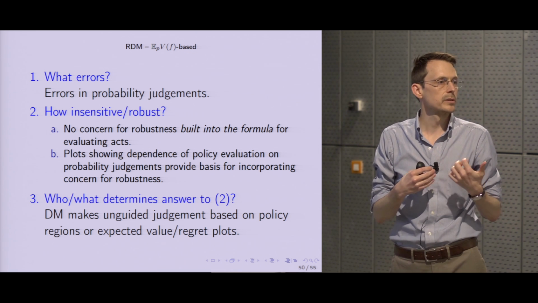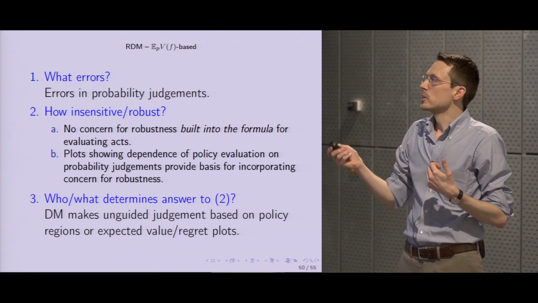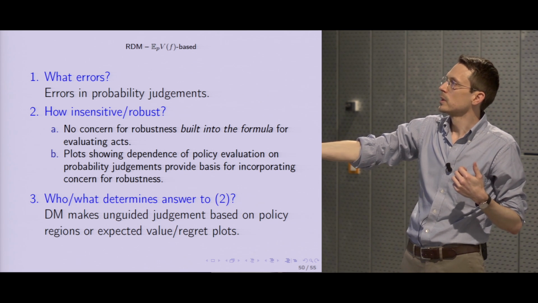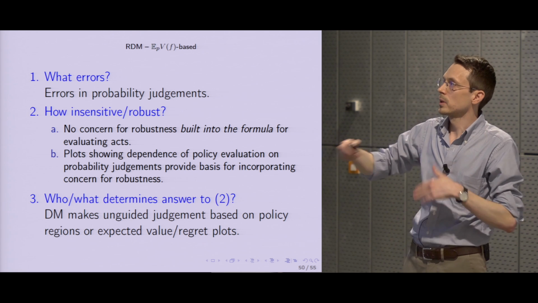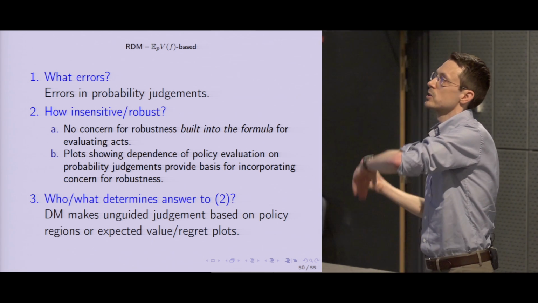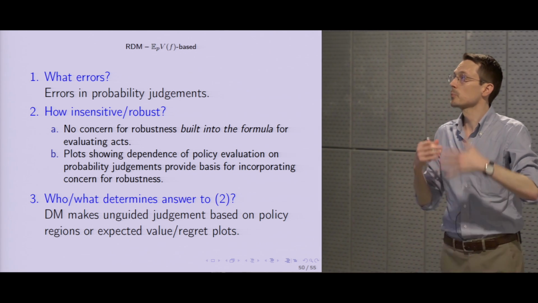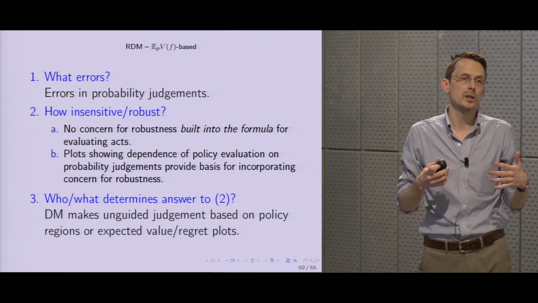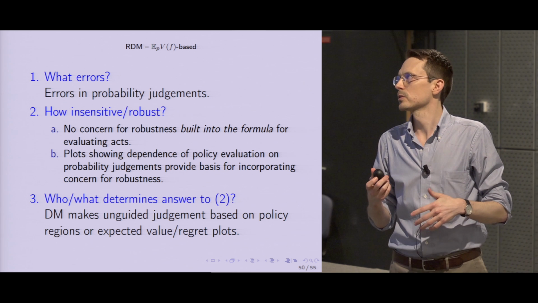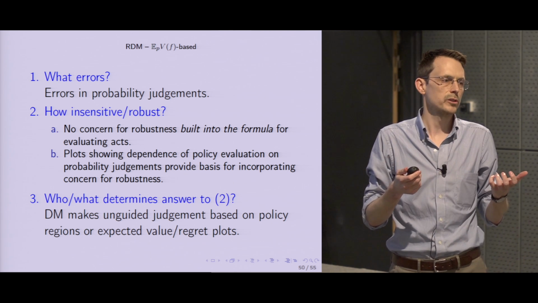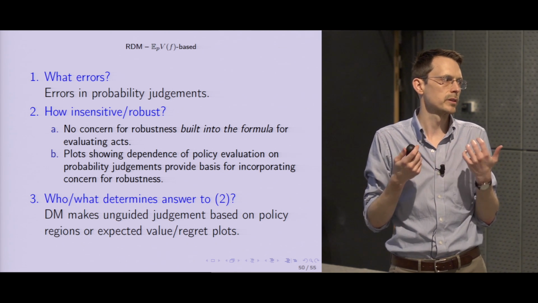It's just expected utility. You have to wait till you get to the next phase, sensitivity analysis, where you get these plots showing dependency of policy evaluation on the probability judgments, which provide a basis for incorporating a concern for robustness. But it's not giving you a rule telling you exactly how much robustness you want or you should want, or how to trade that off with other concerns.